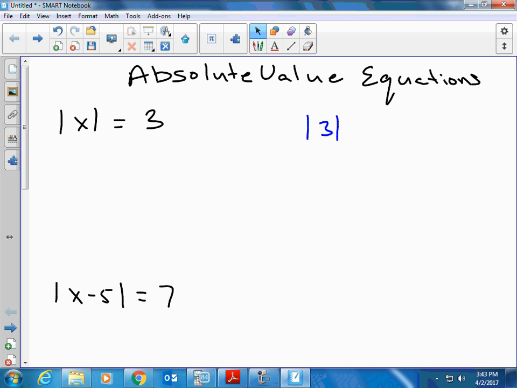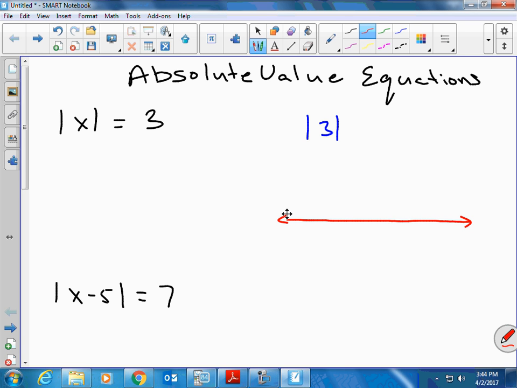So technically, absolute value represents the distance a number is from 0 on a number line. Okay? So if I have a number line, and I'm looking at the absolute value of 3, what that means is all points that are 3 units from 0.